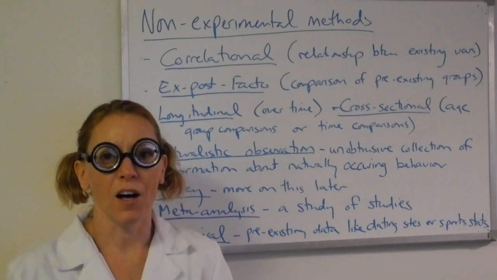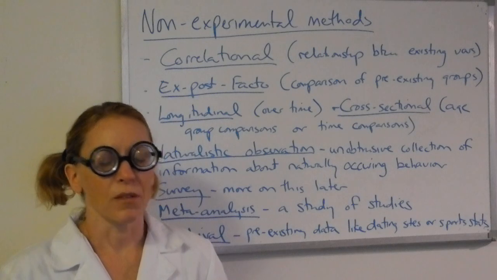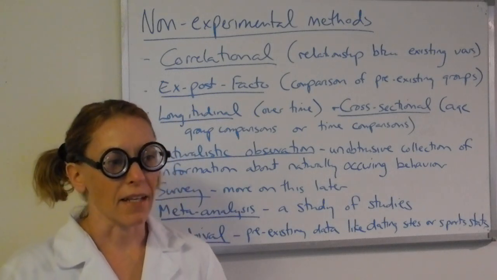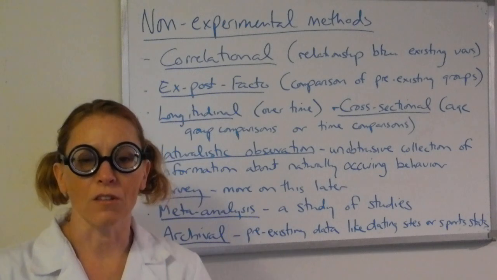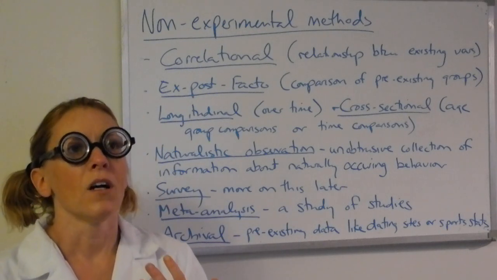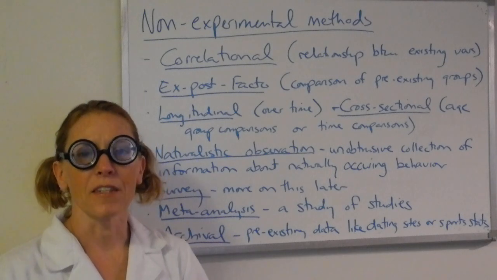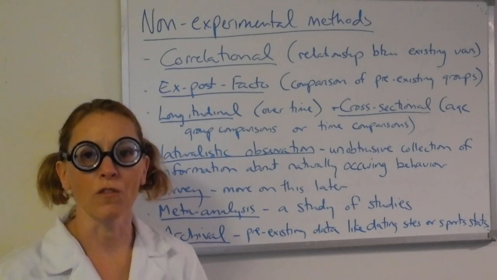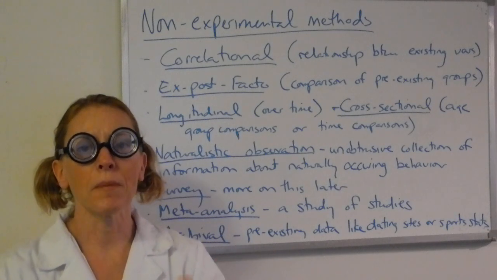Divorce versus intact families, marital status, all those things are either already existing, like gender, or they are chosen or selected by the participants, like divorce, for example. So we can't manipulate those things.